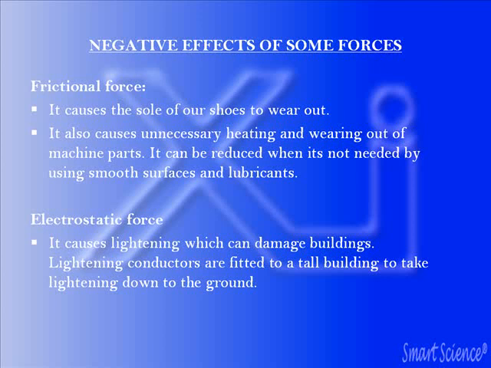So in order to avoid damage of buildings caused by this electrostatic force, lightning conductors are fitted to a tall building to take lightning down to the ground so that it is neutralized and it doesn't cause damage to the building. This is mostly observed on high story buildings.